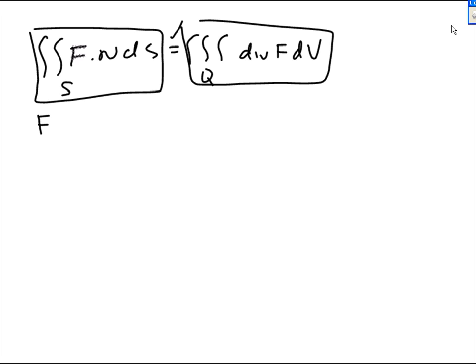Suppose that you're told that F of x, y, z is equal to 2x, minus 2y, and z squared.